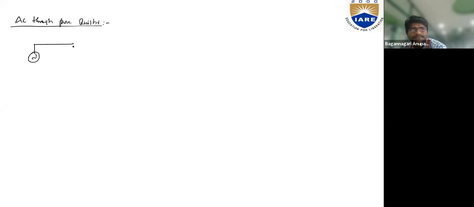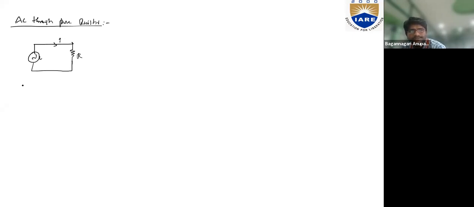Now write the heading as AC through pure resistor. I think we have solved this in the classroom itself. Let me assume that I have a pure AC source and a pure resistor, with a current flowing here.